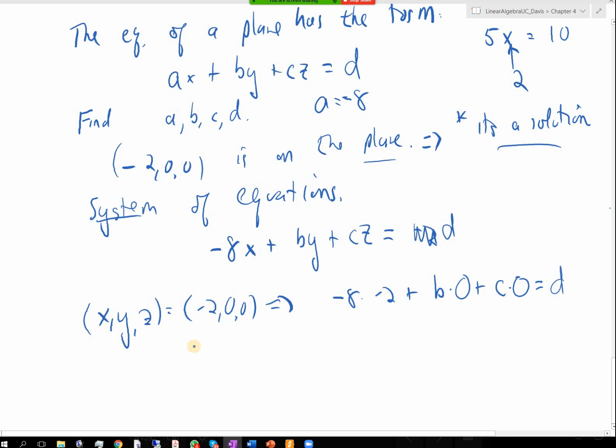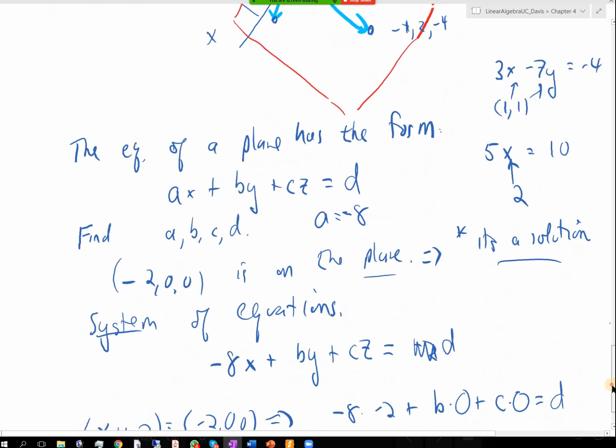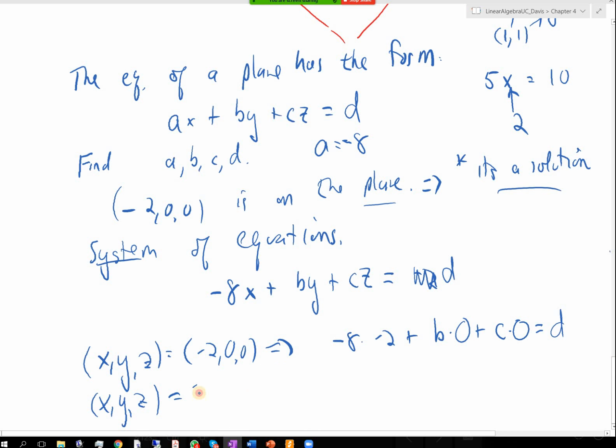Sure. So let's do that. Let's do the second one. The next one, so there are three of them. Let's see, what was the next one? We had minus 2, minus 1, minus 2. So that tells me that negative 8 times minus 2 plus b times minus 1 plus c times minus 2 is also equal to d.